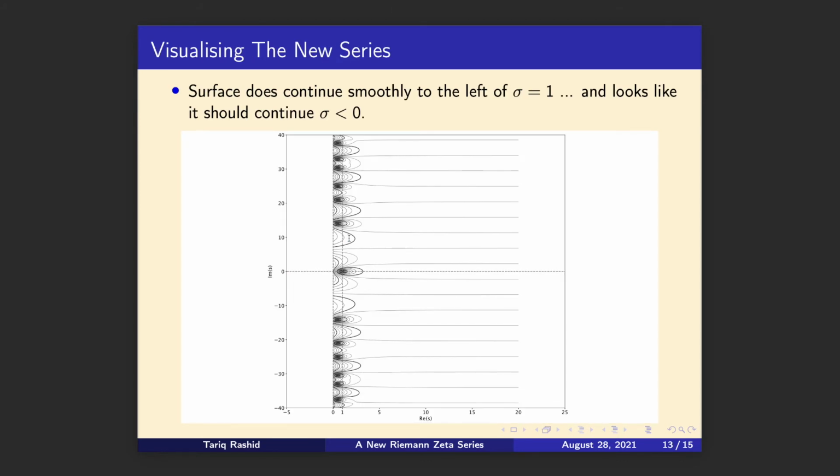So if we visualize it now and look at it from sigma equals 0 onwards to the right, again it's got the familiar bits over here, but there's something else going on here. So we've got this singularity here, which is the divergence, but these, if you look at them closely, we'll look at the 3D plot as well, these are zeros. That's interesting.